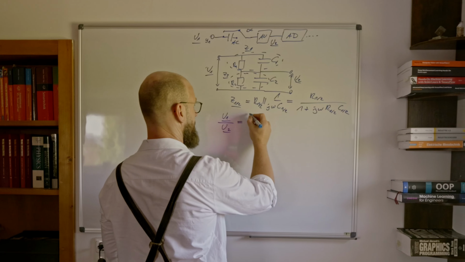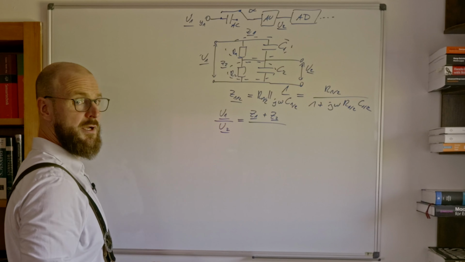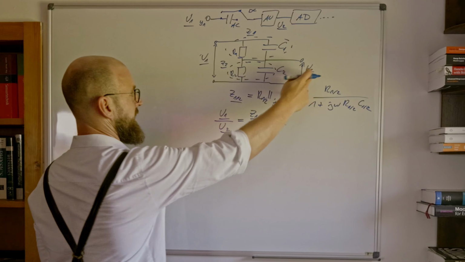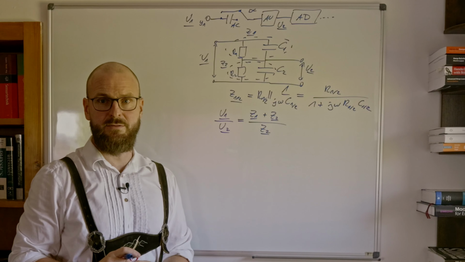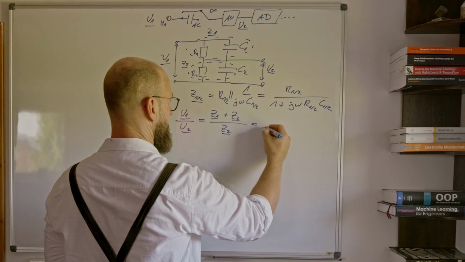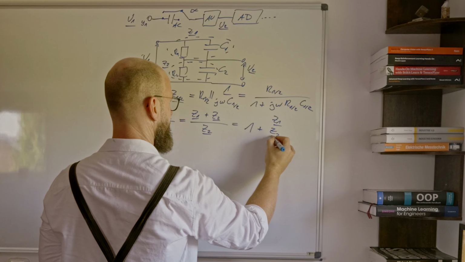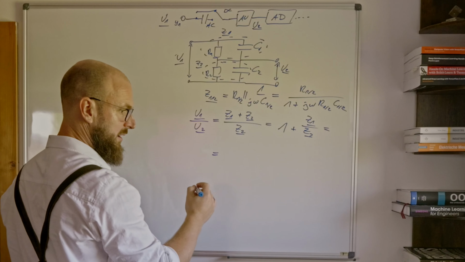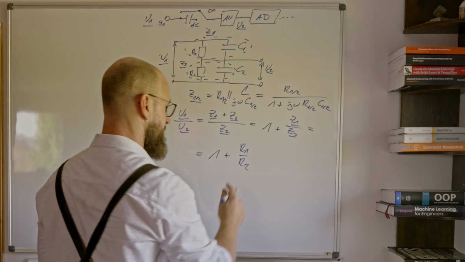So we have Z1 plus Z2, corresponding to U1, and we have Z2, the voltage taken from our complex resistor Z2. We can calculate that. Basically, that's 1 plus Z1 over Z2.